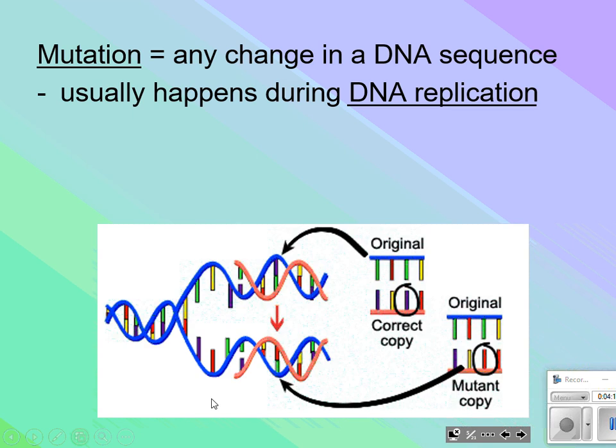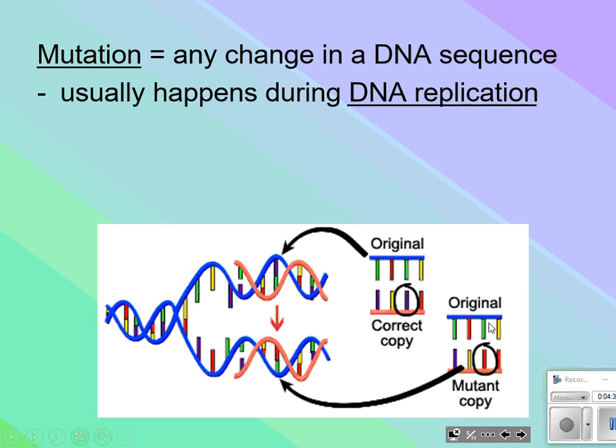All right. So if we look here, here's just another instance of an error. We're looking at this base pair right here. When I have the original copy, I have a green with a purple.